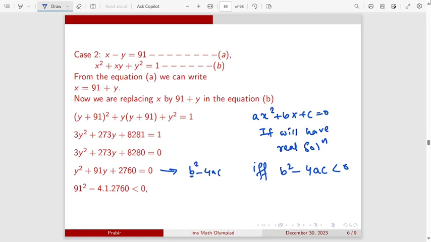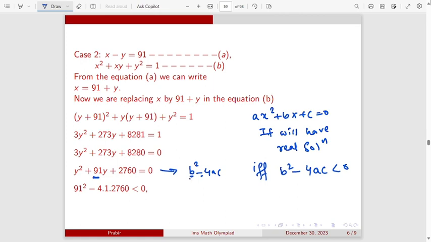So now what is our b square here? 91 square. Now it will be minus 4ac, because if we need an integer solution, the solution must be real. Okay, if there is no real solution, then there will be no integer solution.